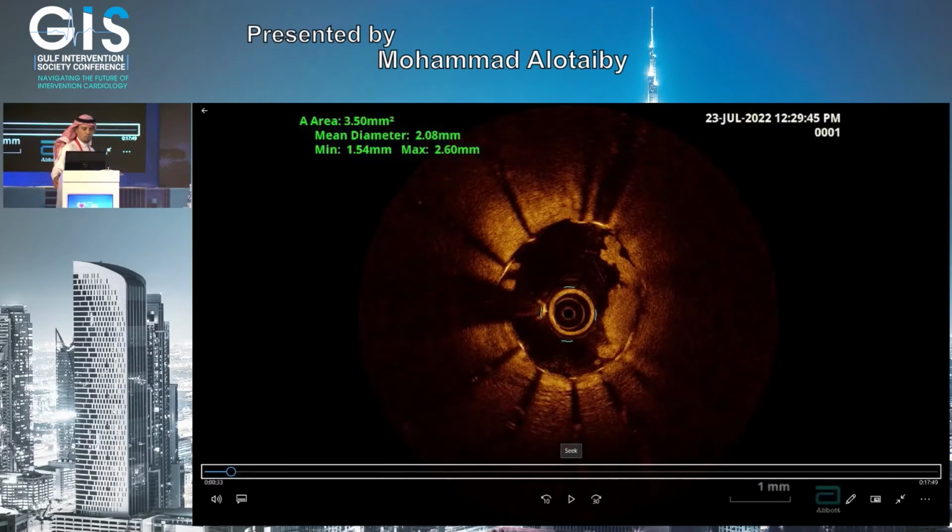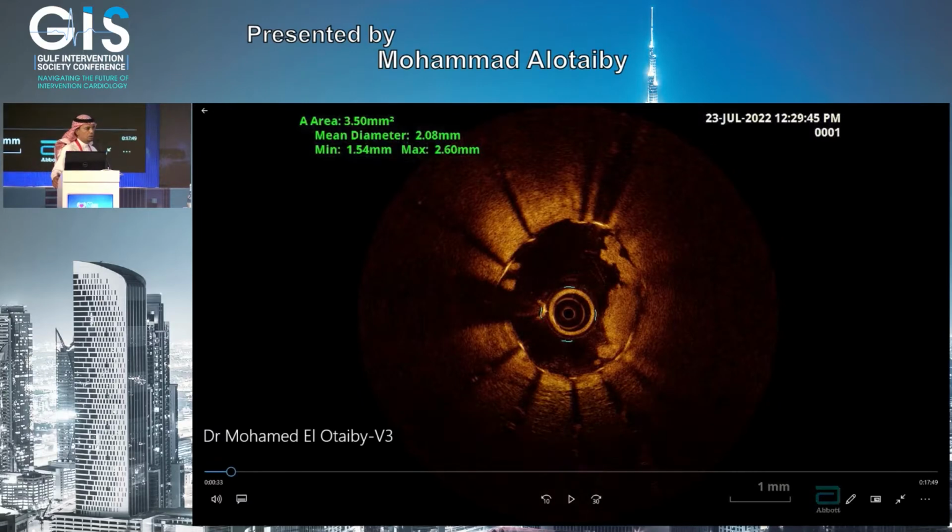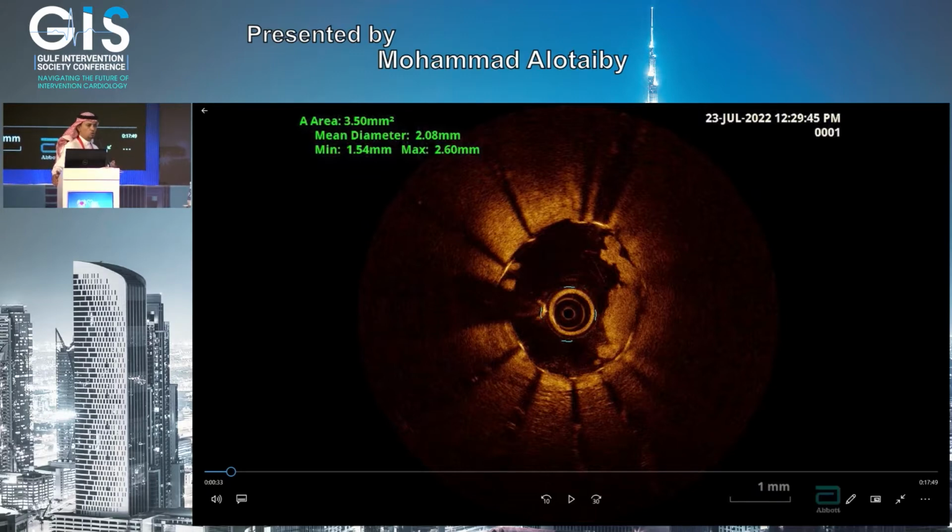The number 1 point is that this is a primary PCI, and the usual pathology is a thrombus, which was proved here. And the second point is why did he develop stent thrombosis? Could be because of malapposition, which was probably ruled out, although we did this pullback after balloon angioplasty, but it turns out to be probably because he is a cancer patient, and they have a higher incidence of thrombosis. So the OCT sorted out malapposition and told us about the pathophysiology.